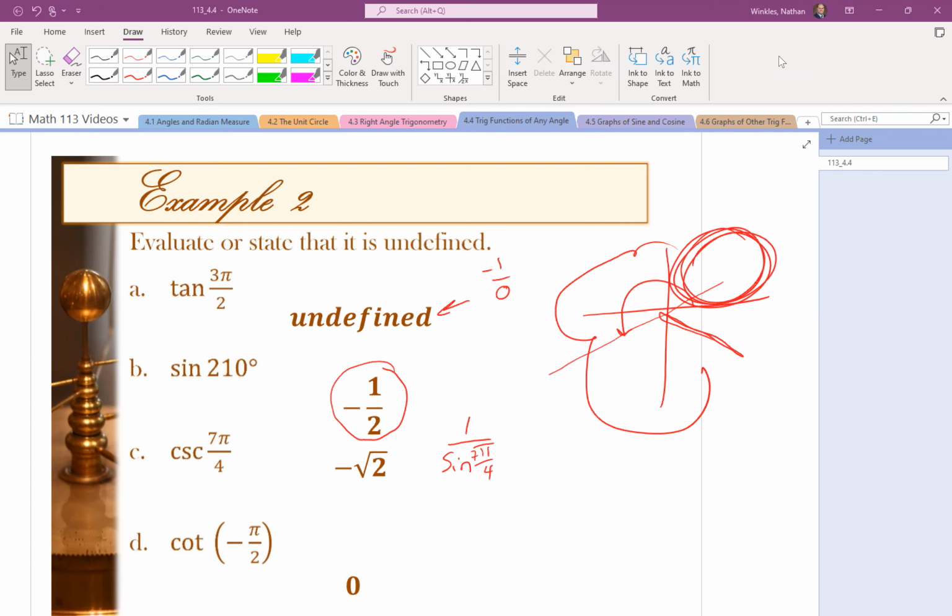Therefore, in the fourth quadrant, our y value is negative. So what we really have here is 1 over negative root 2 over 2, which is negative 2 over root 2, which becomes simply negative 2 root 2 over 2, which is negative root 2.